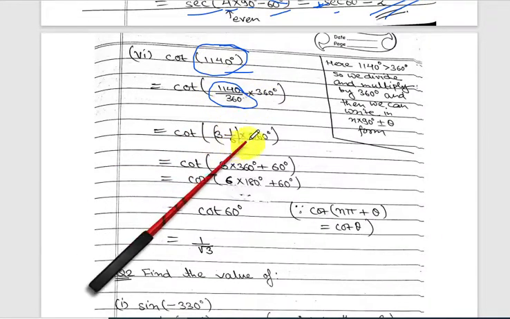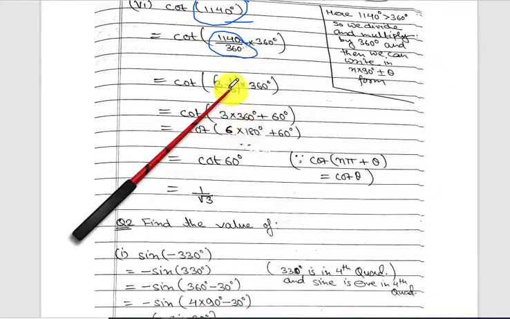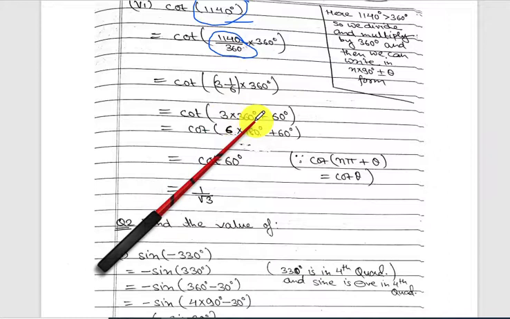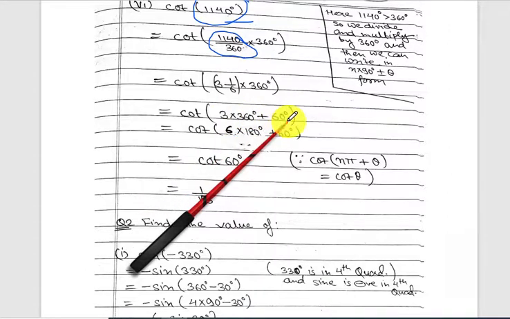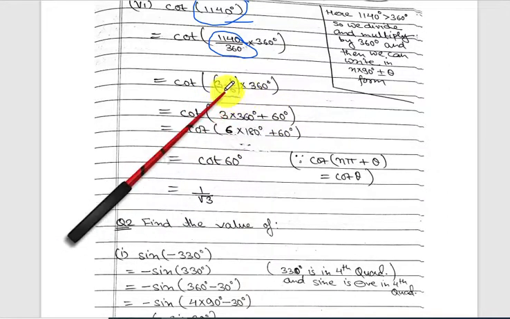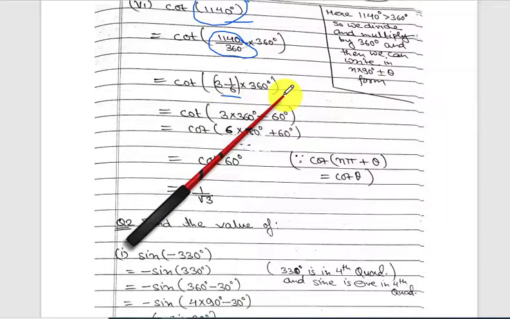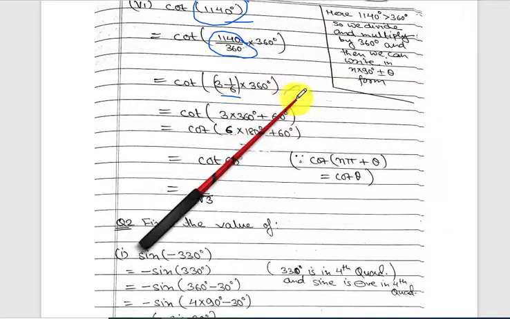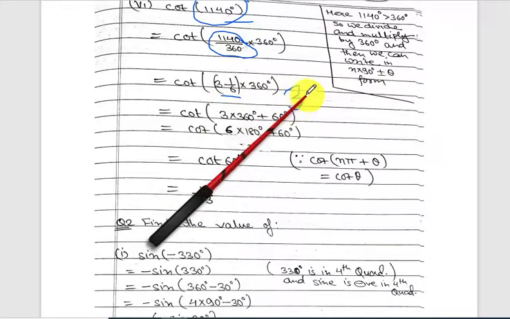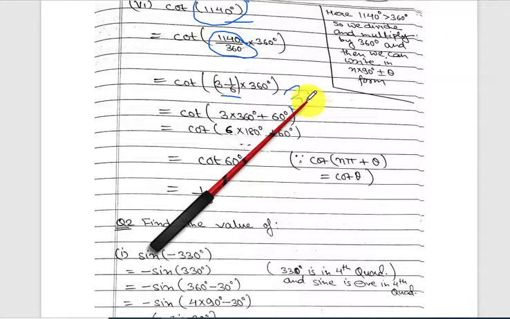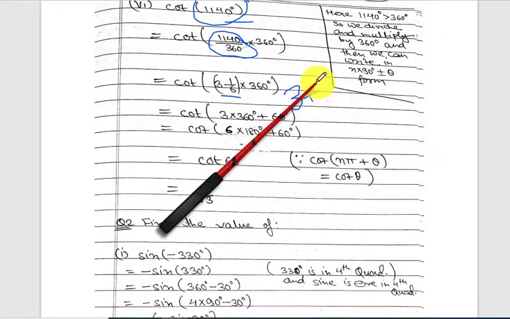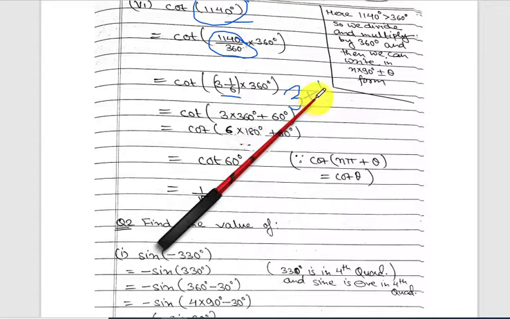And this can be written as 3 into 360 plus 60, because you can write this as 3 plus 1 upon 6.